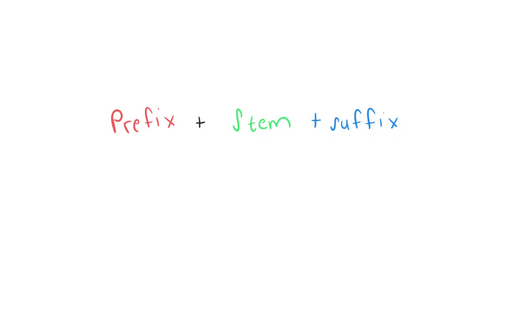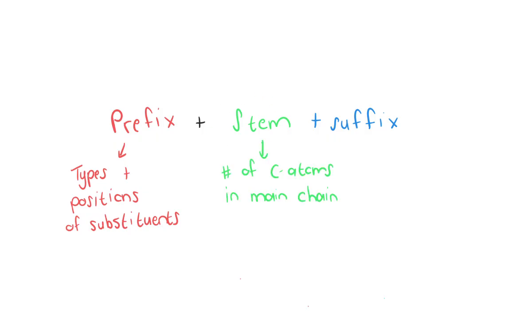So remember, my prefix tells me about the substituents and their positions. The stem tells me about the number of carbon atoms in the main chain. And remember, your main chain is the longest continuous chain that contains the functional group.